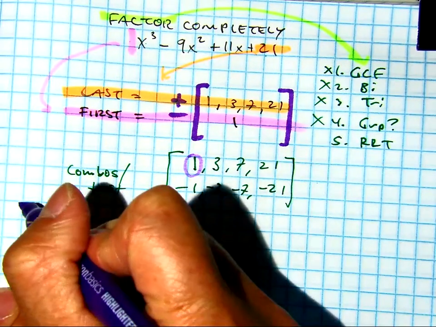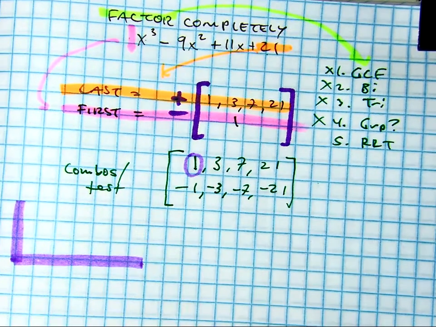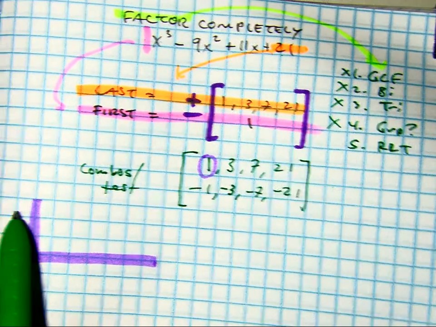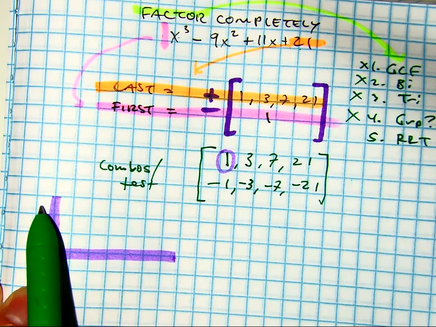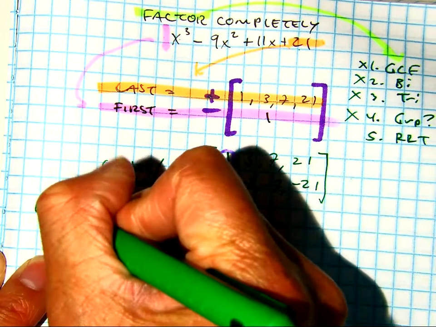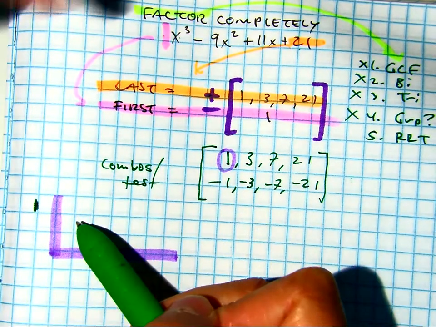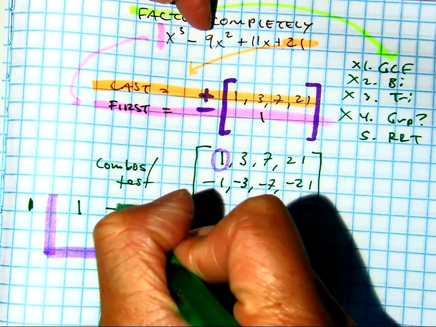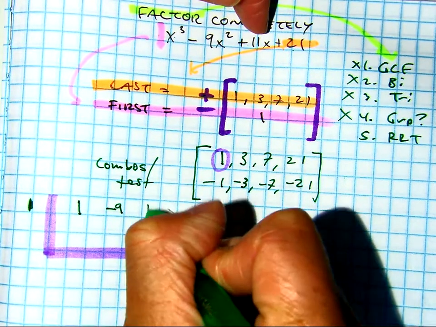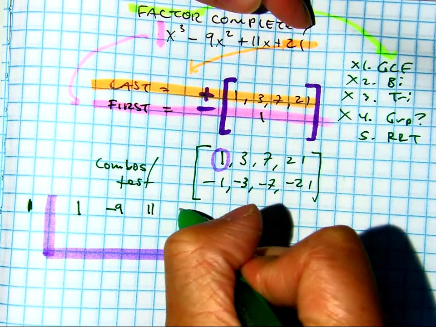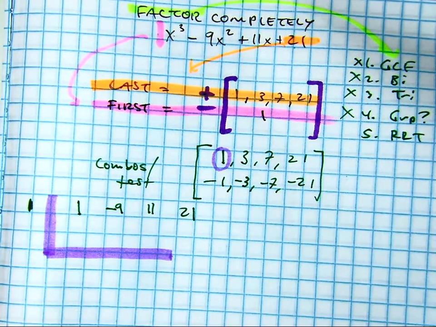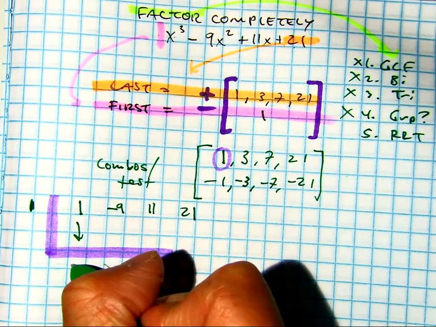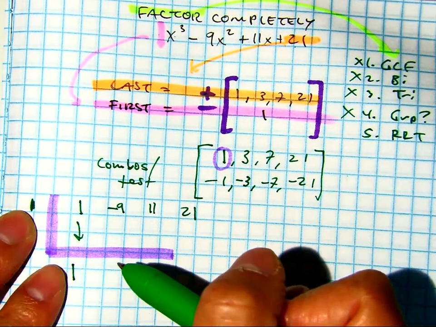Class, what would I put here? A 1. What are my coefficients? 1, negative 9, 11, and 21. This comes down. What goes here? Multiply. Add. Multiply.